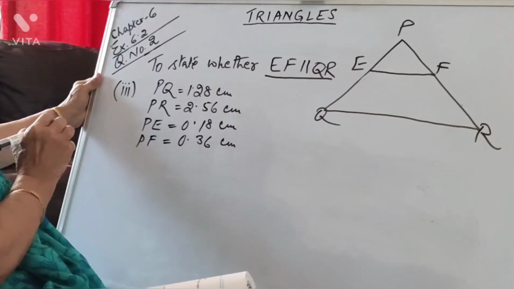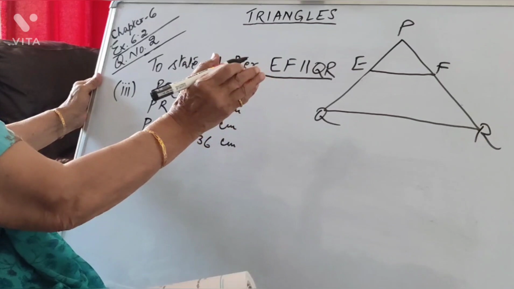It's the given data and we are to prove whether EF is parallel to QR.